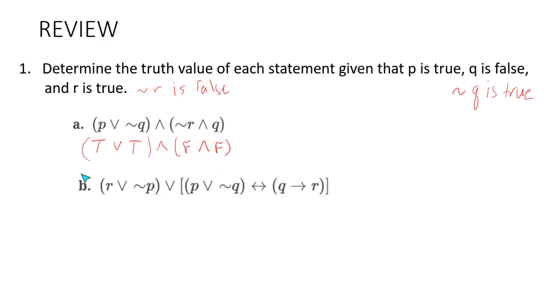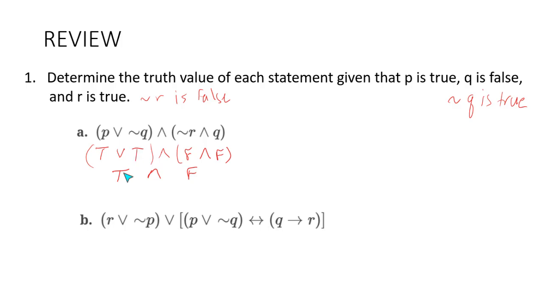We have true or true. Whenever you have a disjunction, if they're both true, it's going to be true. Then here we have false and false. With the conjunction, since they're false, this is going to be false. And so true and false would be false.